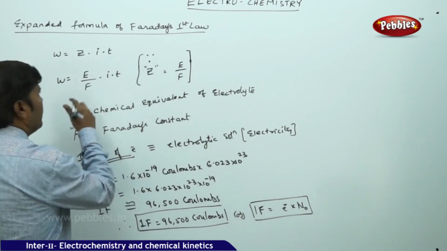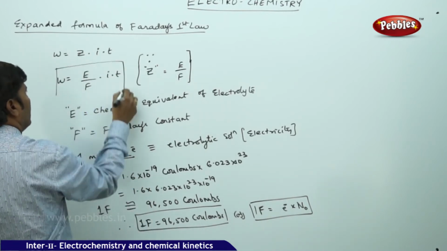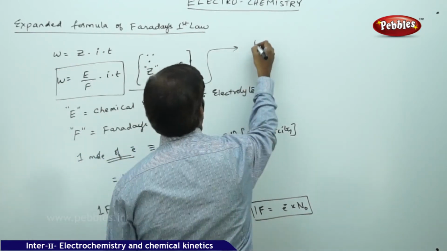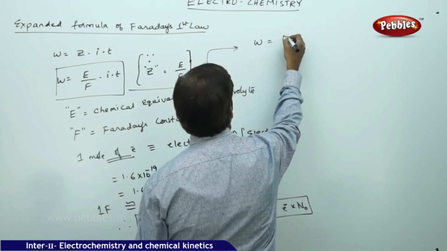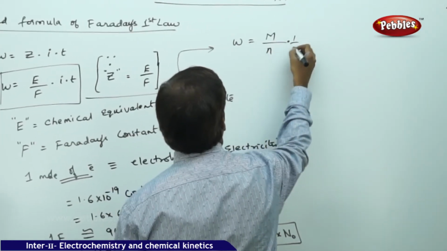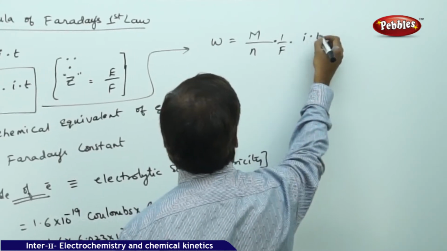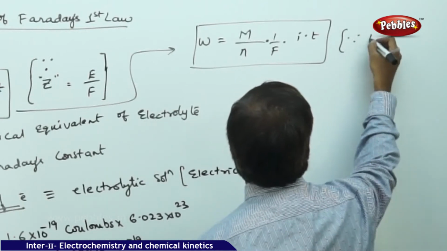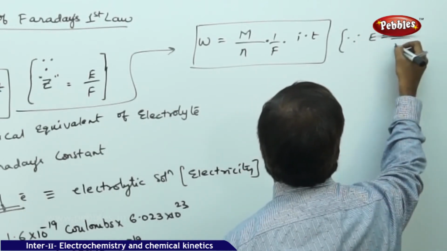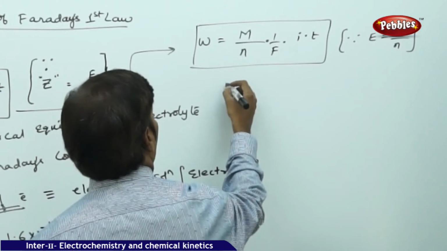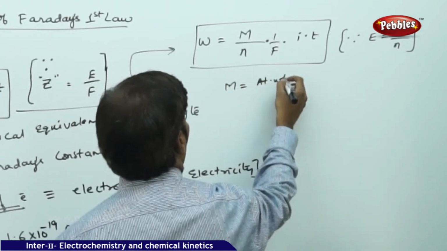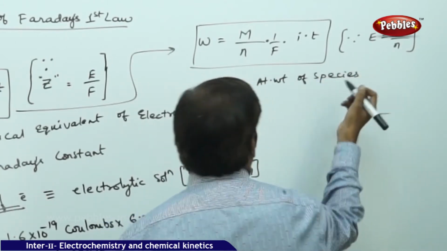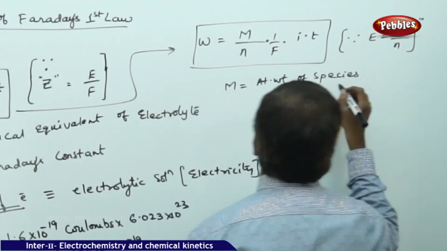Then we can still expand. Take this expression, I'll put it in a box. From this expression I want to go for one more expansion. W is equal to m by n into 1 by F into I into t. This is because capital E is equal to m by n. So m is nothing but the atomic weight, sometimes even the molecular weight, of the species.